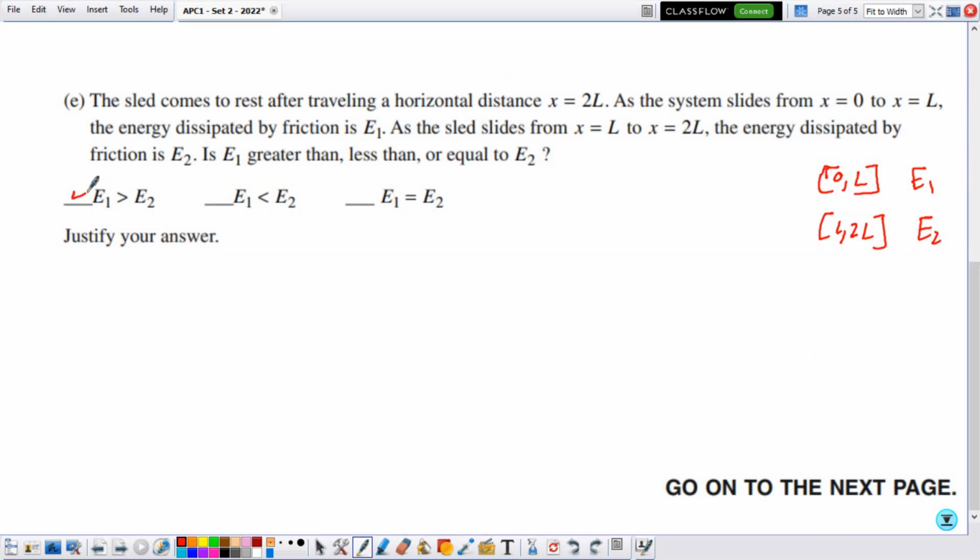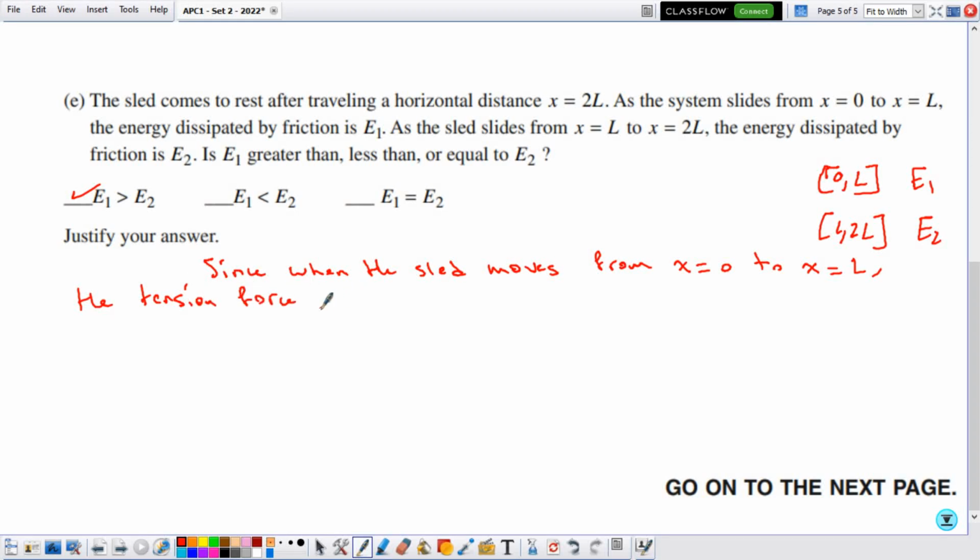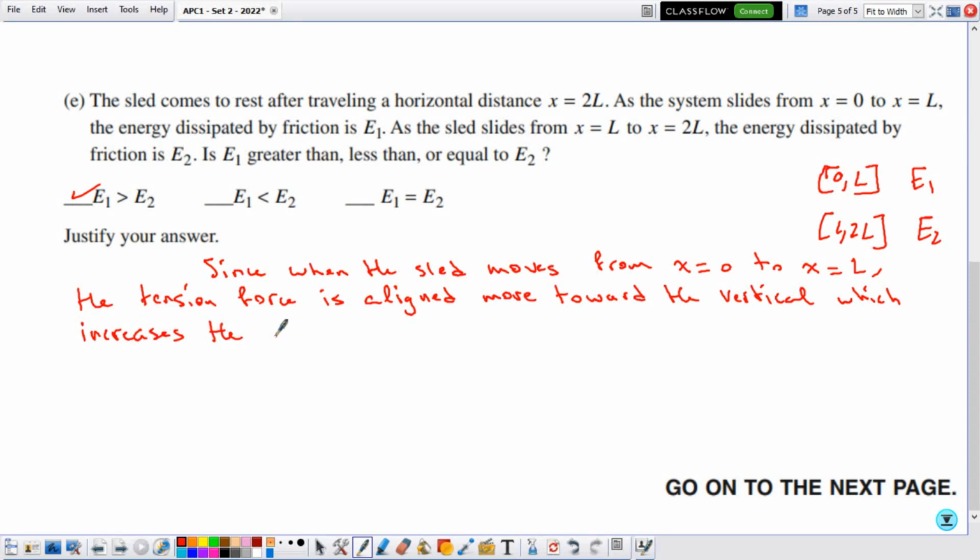So the correct answer would be E1 is greater than E2, since when the sled moves from x equal to 0 to x equal to L, the tension force is aligned more toward the vertical, which increases the normal push, and by that the friction will increase.